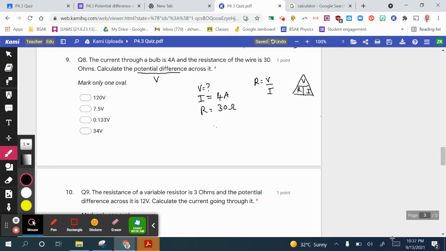So we want to work out the potential difference. So voltage is equal to the resistance multiplied by the current, and that gives us 30 ohms multiplied by 4 amps, and that is 120, and it's a potential difference, which is volts, so 120 volts, which is this answer here.